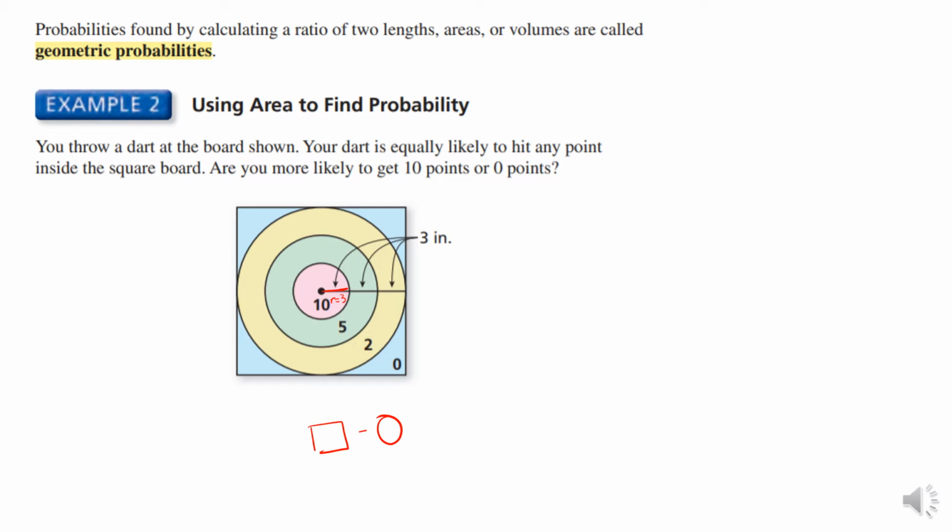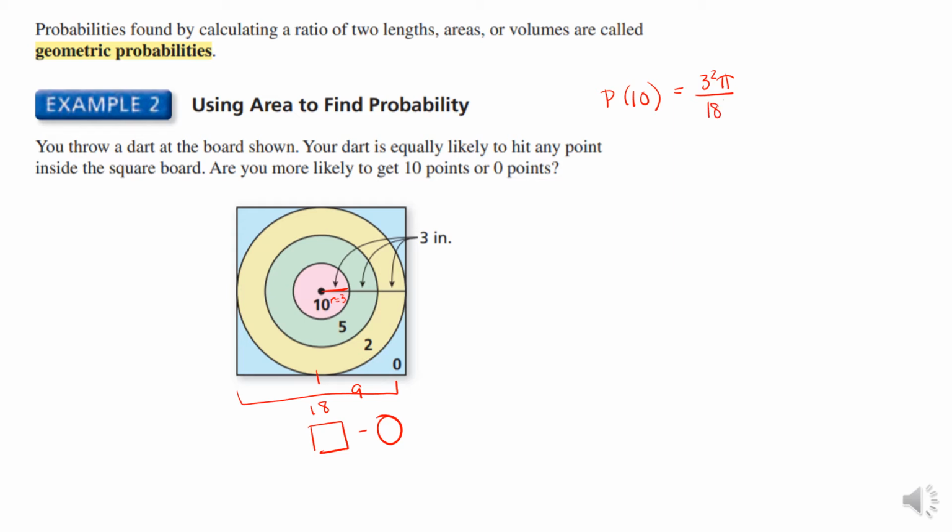Okay, so we're going to do one at a time. So the probability of 10 points is the ratio of the smallest circle, which is a radius of 3, so 3 squared pi over the area of the entire board. So look here, this is 3 plus 3 plus 3 is 9, which means that the whole side is 18, so the probability of the whole thing would be 18 by 18.